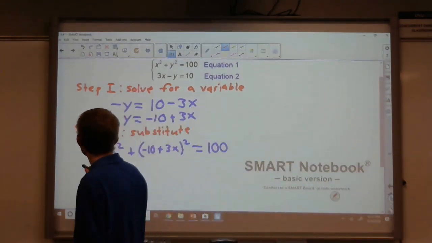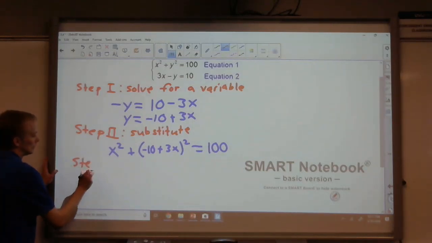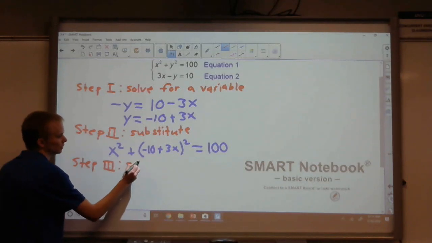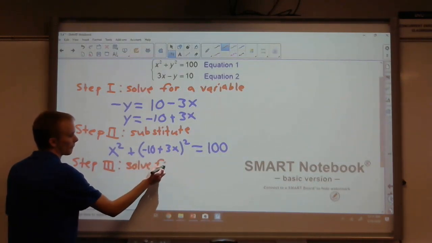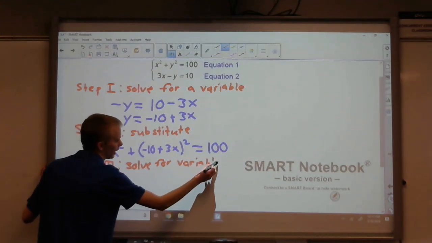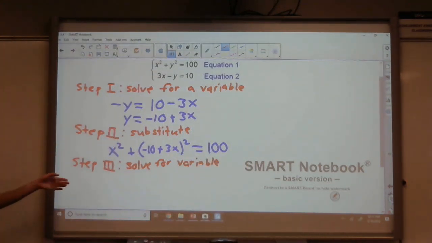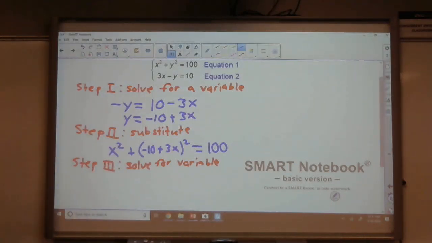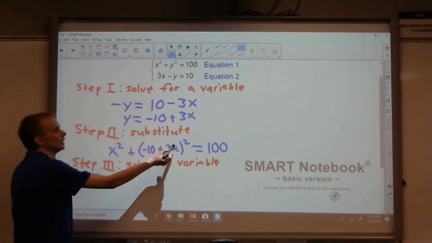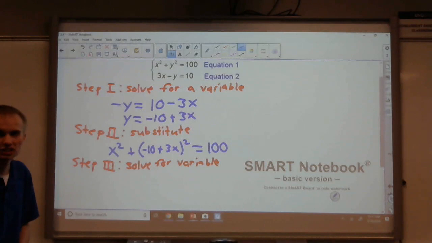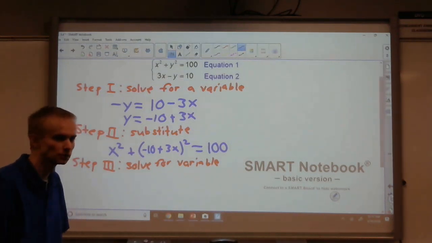So I can solve for that variable. That leads us to our last step here. Step 3, solve for the variable. Okay. So let's go ahead and solve this. How am I going to do that? Well, I have a square here over this whole thing, so I should distribute this out, okay?